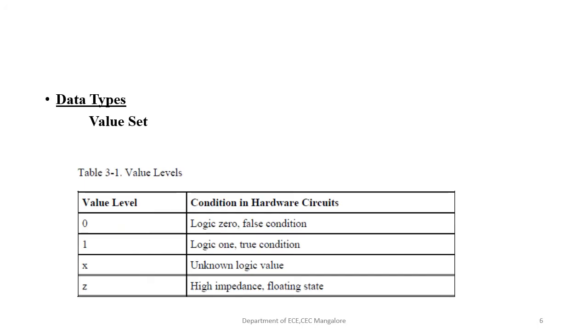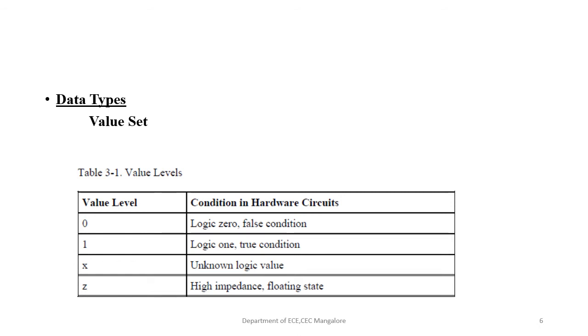is data type. So I think you already know this. There are 4 types of values for any input, variable, signal, or data type. It has 4 values: 0, 1, x, and z. 0 is logic 0 or false condition, 1 is logic 1 or true condition, x is an unknown value, and z is high impedance, a floating value, a floating state.